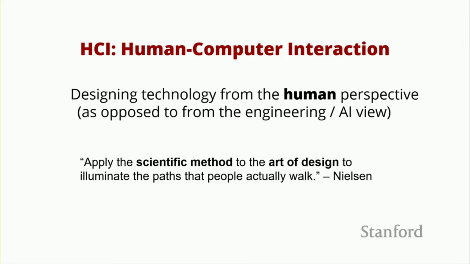Of course, I'll say this ahead of time: I'm going to take somewhat caricatured extreme perspectives on many fields in order to make a point. Indeed, everything is much more of a spectrum, so things are not nearly as extreme as all this. But a way to think about it is applying the scientific method to the art of design. And as Nielsen put it, the goal is to illuminate paths that people actually walk.